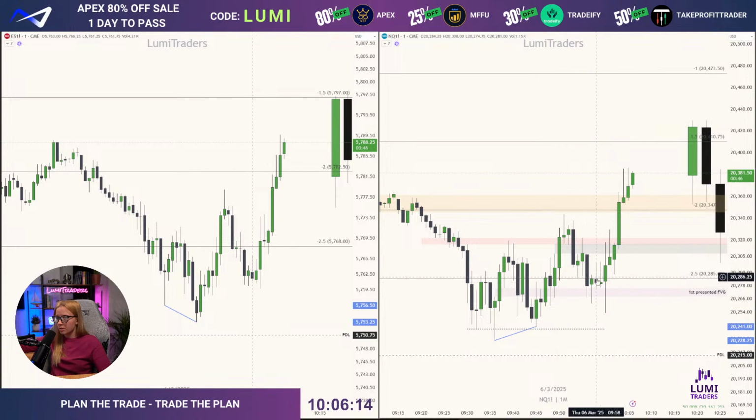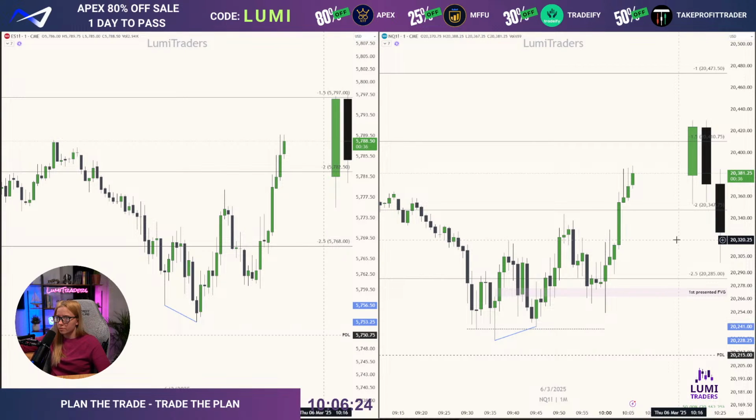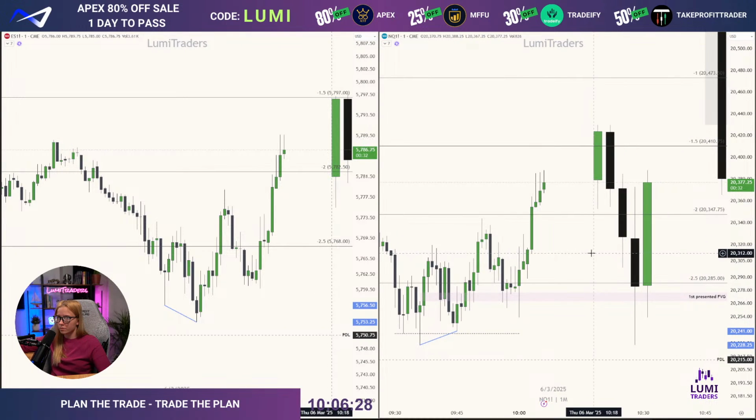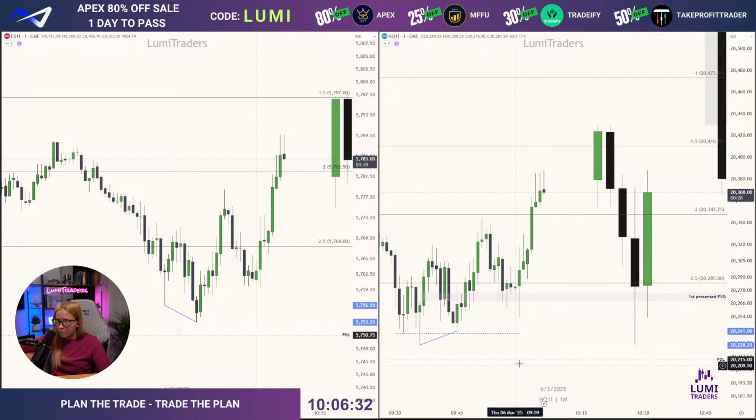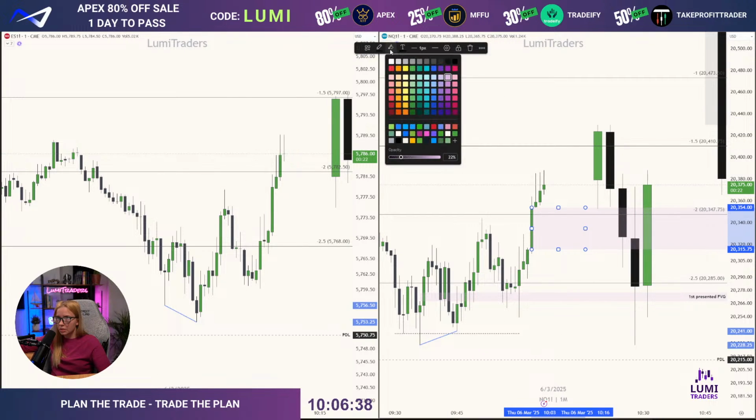So first presented fair value gap, trying to act as a disclaimed fair value gap. Okay. Okay, I would like to highlight this fair value gap right here. So exactly based on this model, let's try to backtest this in real time. So what I was trying to explain 2 days ago.